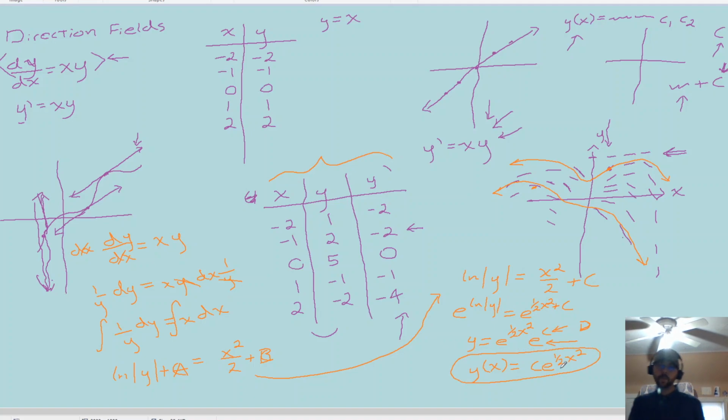And if you had some initial starting conditions, an initial value for x and an initial value for y, then you could plug those in and solve for whatever c is. And when you solve for that c, that's basically going to tell you which specific graph you mean on this slope field. But if you don't have that initial value for c, your equation can represent any graph on the slope field.